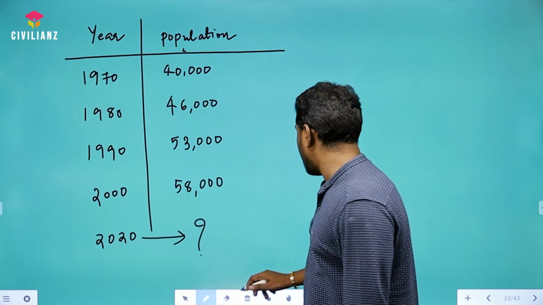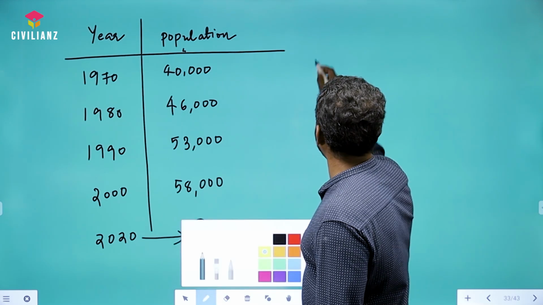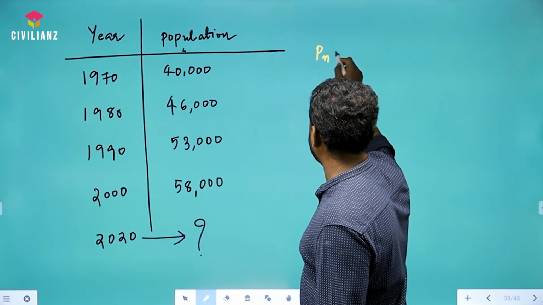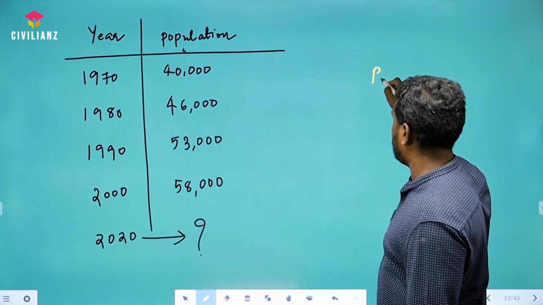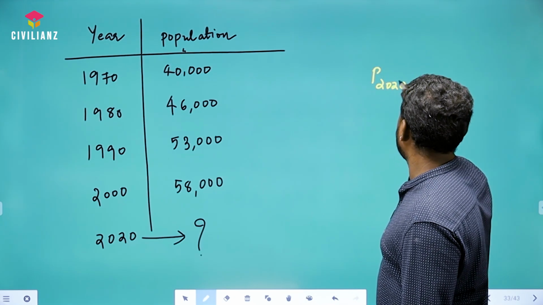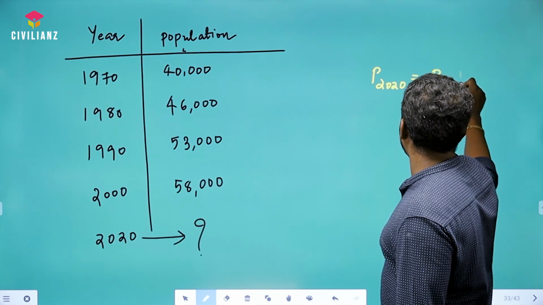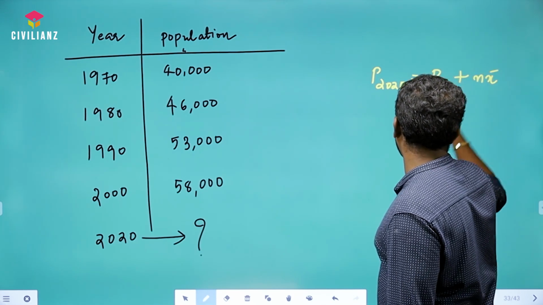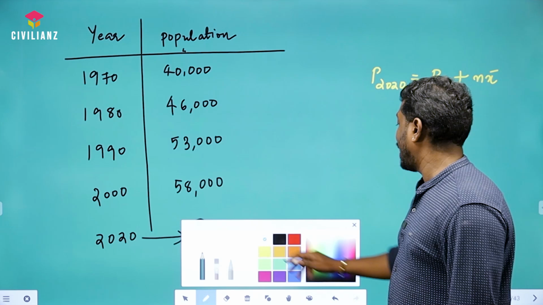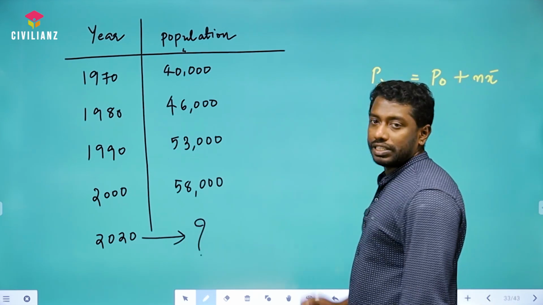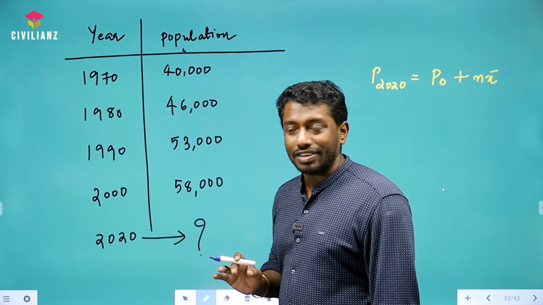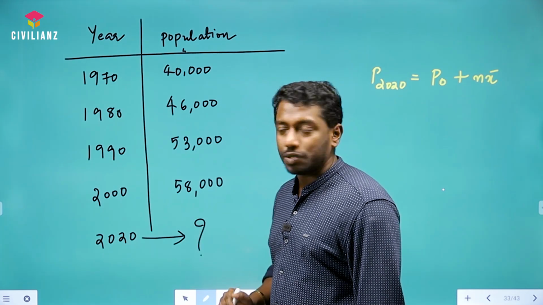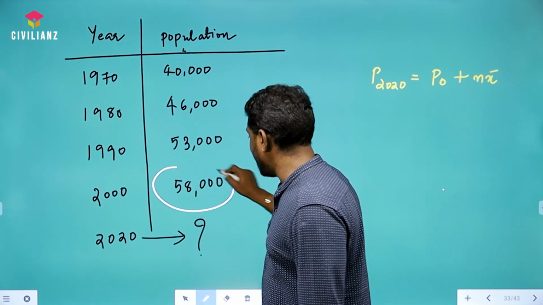Okay, so we can just substitute the values in the equation. We know the equation: Pn, the future population, that is the population in 2020, is equal to P0 plus N x bar. What is P0? P0 is the latest known population, right? What is the latest known population in this problem? That is 58,000.